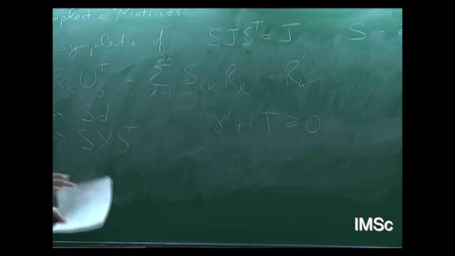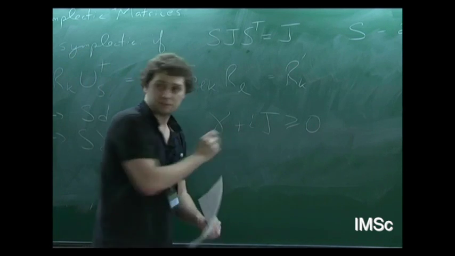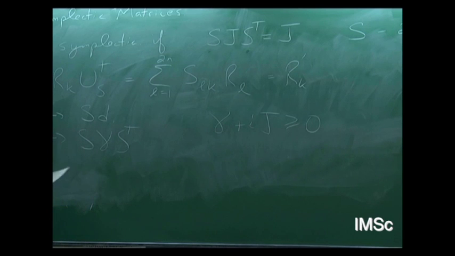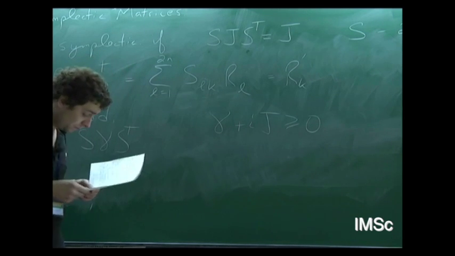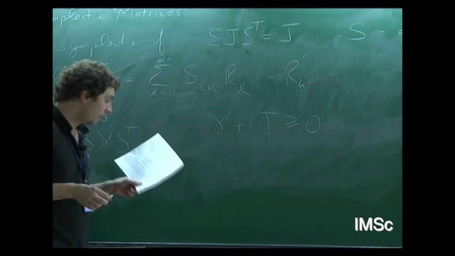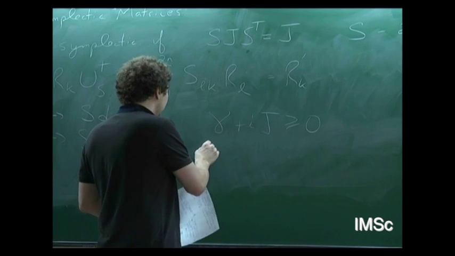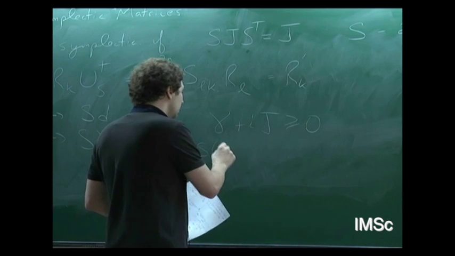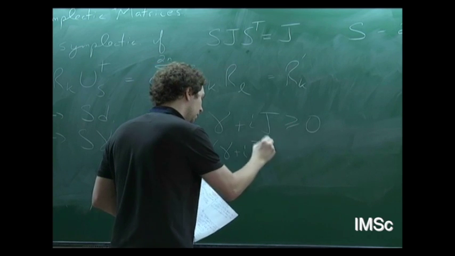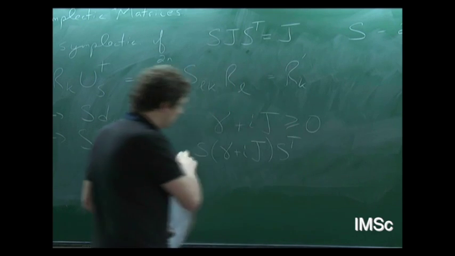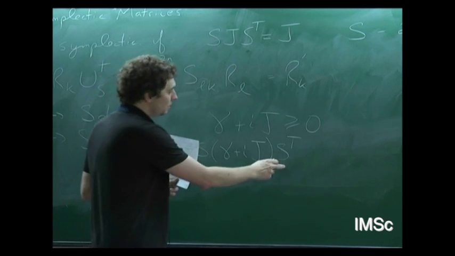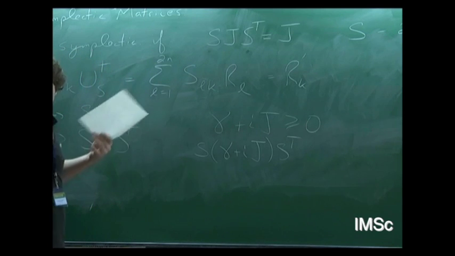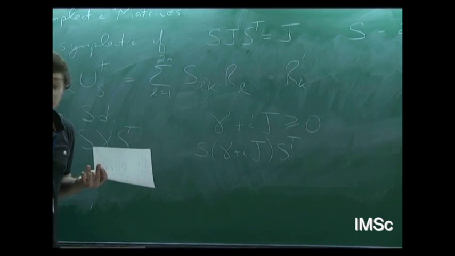Okay, so now we know that this is positive semi-definite, right? That means it has eigenvalues that are all positive, or non-negative at least. And because of that, if I take some matrix and multiply it like this, these guys are real, remember, so this is the same as the dagger. I've just changed the basis, but I haven't changed the eigenvalues.